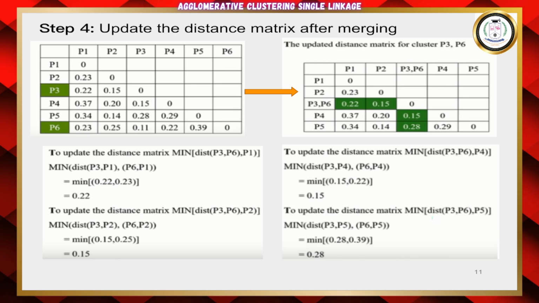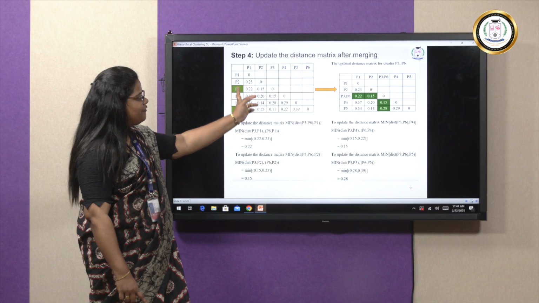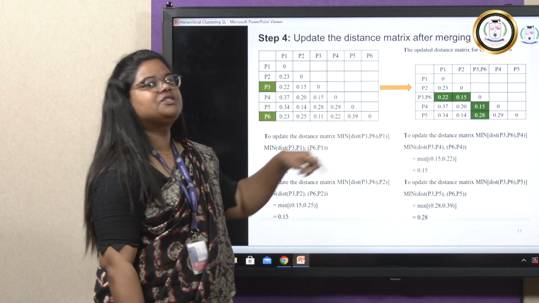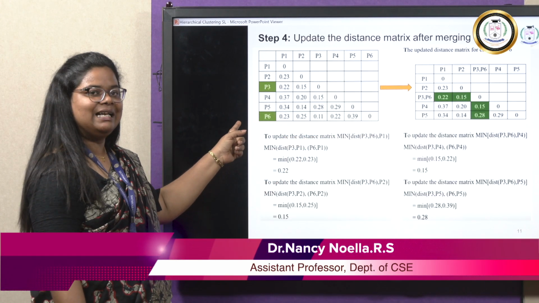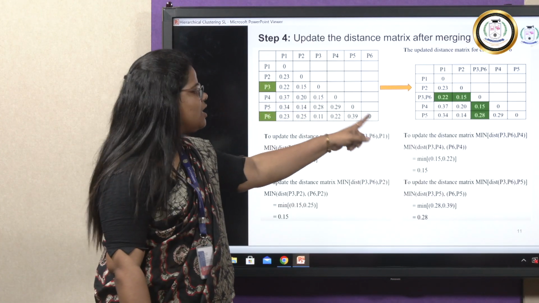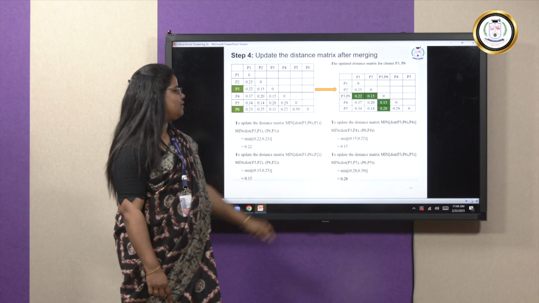That is the updated distance matrix: P1, P2, P3 and P6 as the same point, and P4, P5. Everything is the same, but the green highlighted columns you have to find out. That only is unknown. The remaining things you can directly write from the previous matrix. In this particular table you can fill in the other values. Only for the newly found group P3, P6 you have to find the values.